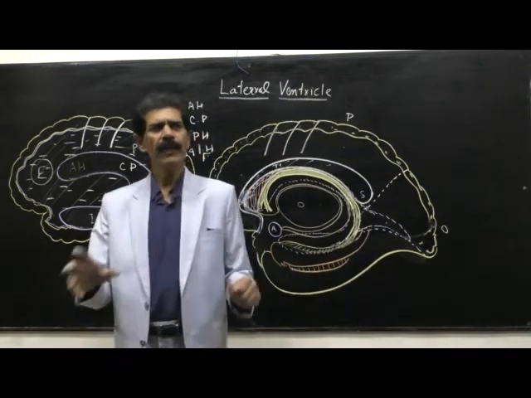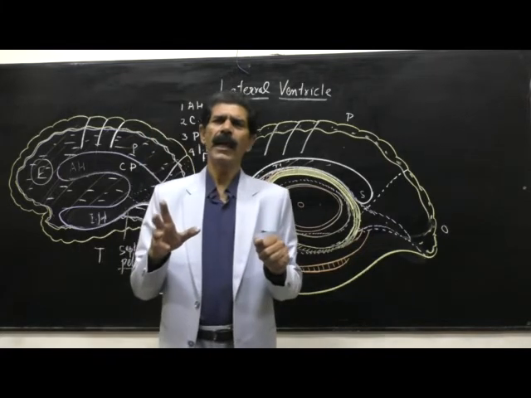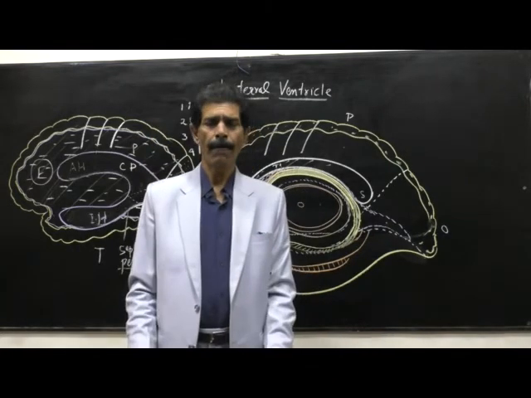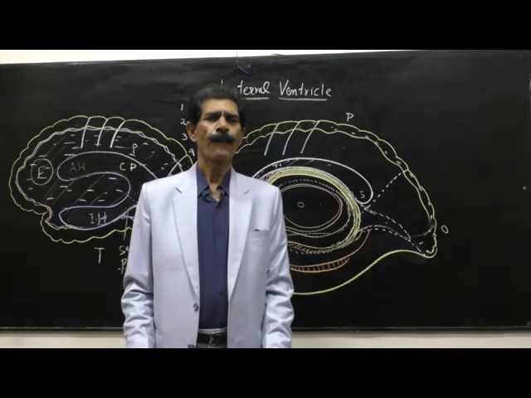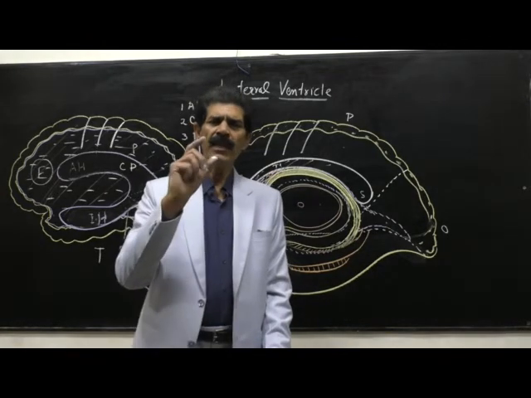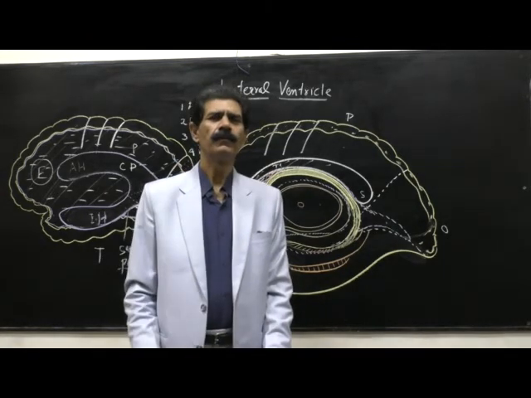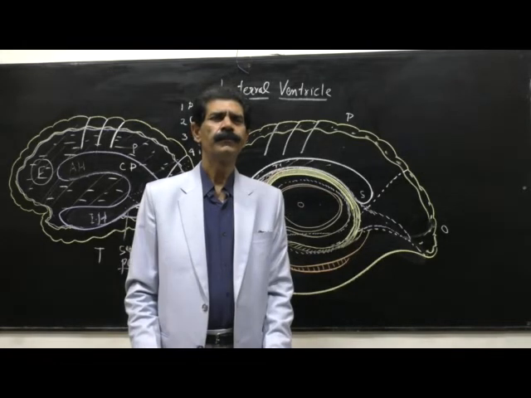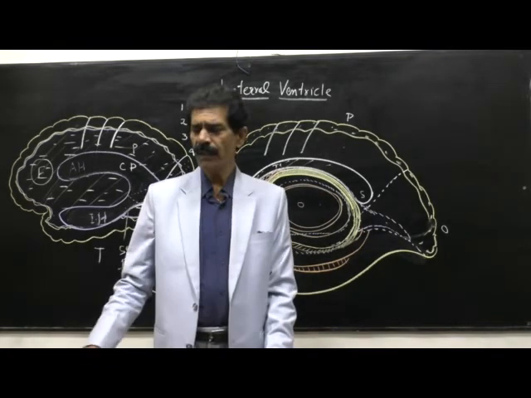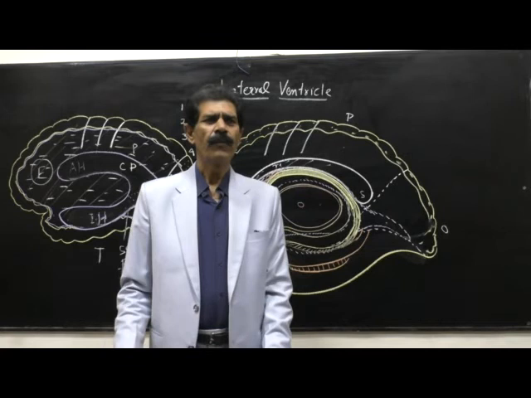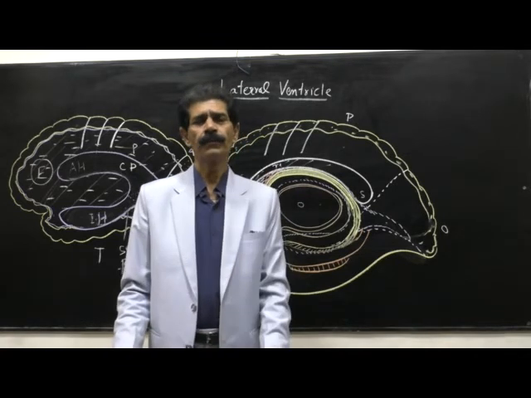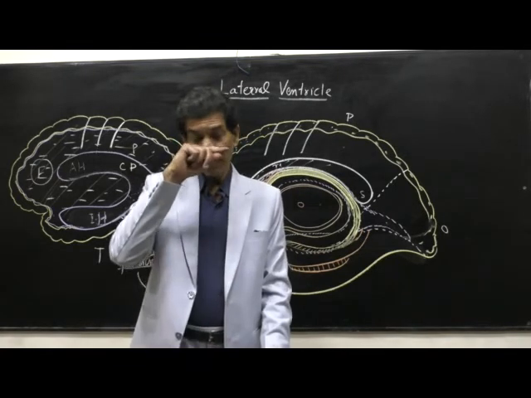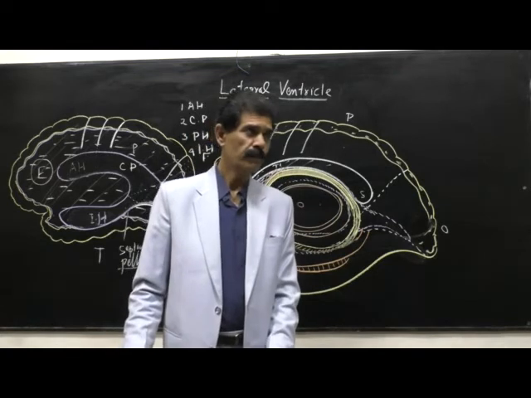Whenever we have to explain any part of the lateral ventricle, you minimize yourself in such a way. For example, you want to explain the anterior horn.